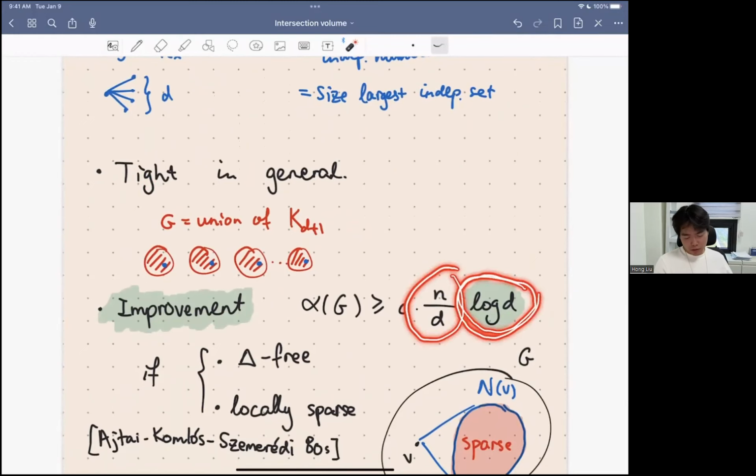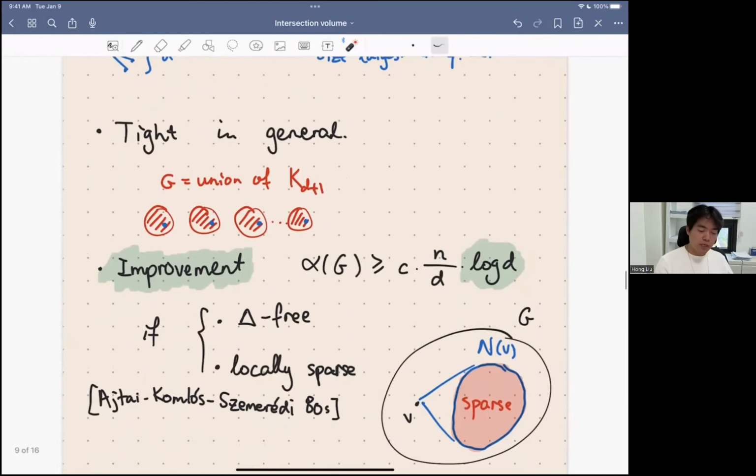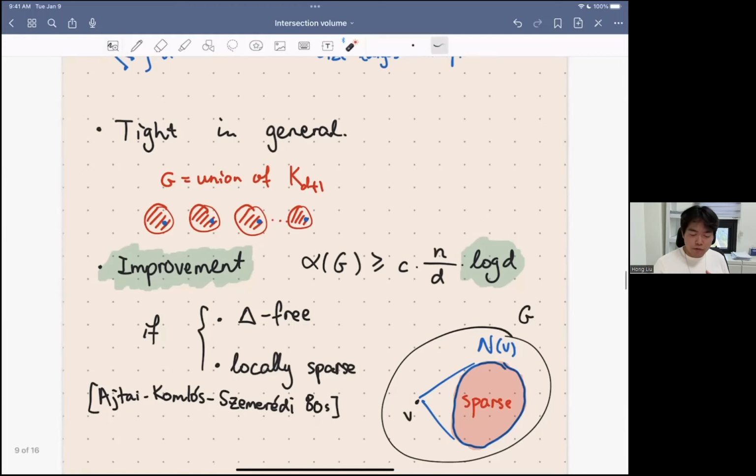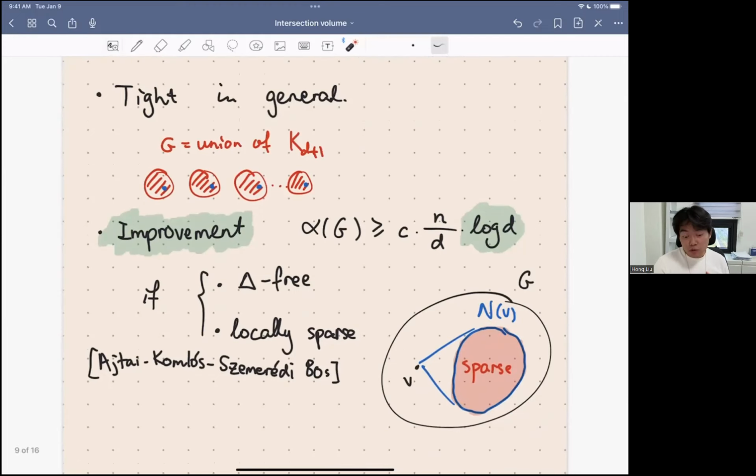They later relaxed this condition of being triangle-free. One way of thinking about it is that there are not so many triangles, instead of not allowing triangles at all. Another way of seeing this condition is that triangles are basically the edges inside the neighborhood of a vertex.